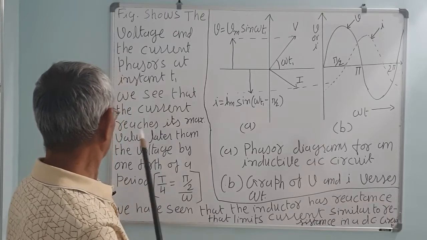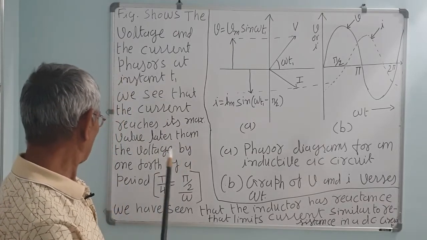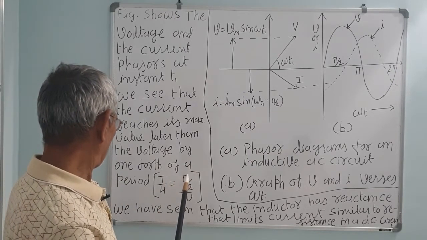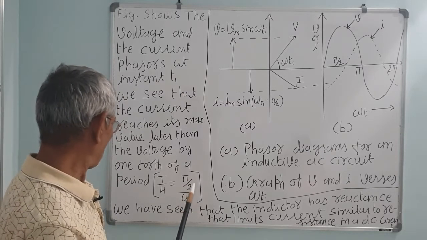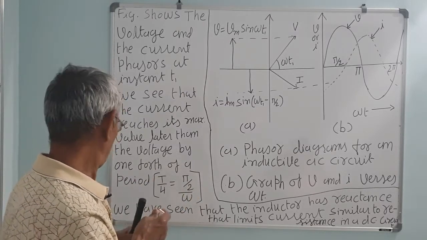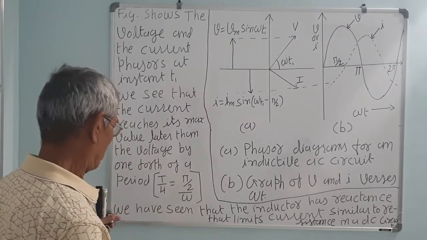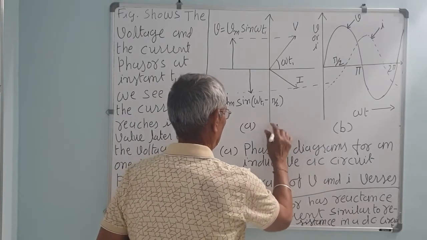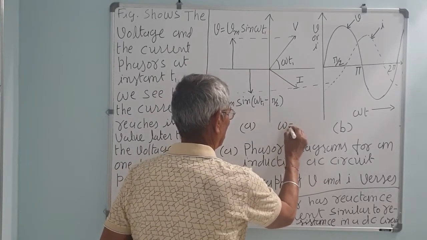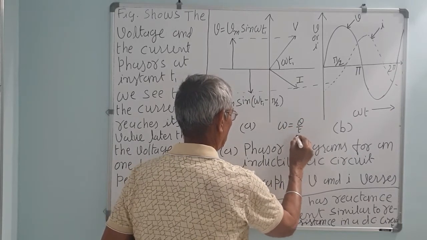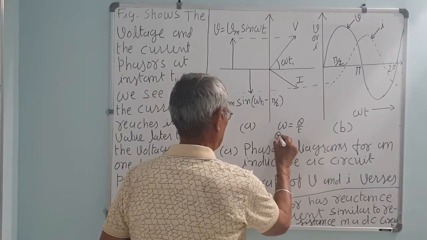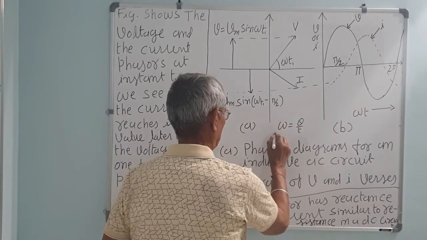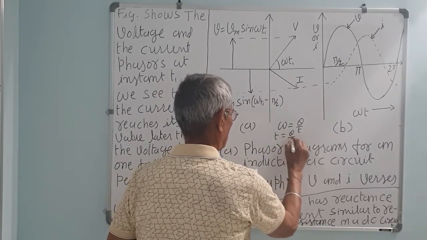We see that the current reaches its maximum value later than the voltage by 1/4 of a period, that is T by 4 or pi by 2 in phase. You can calculate this also from the equation. We know that the angular speed omega is equal to theta by t, correct? So t is equal to theta upon omega.